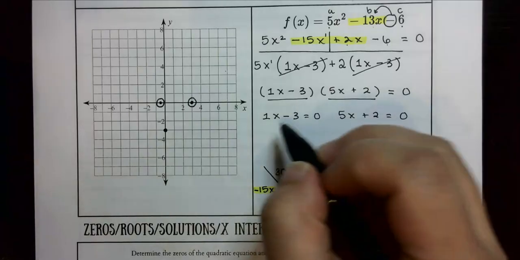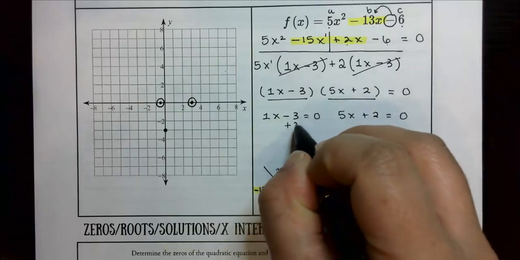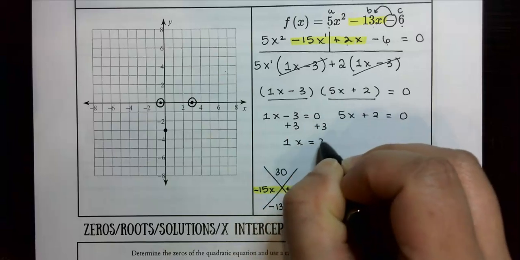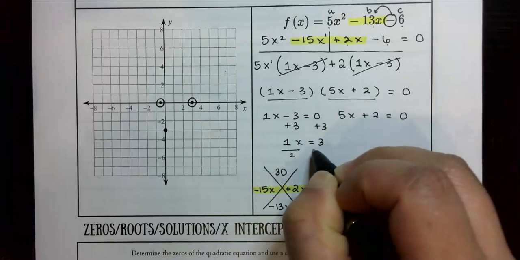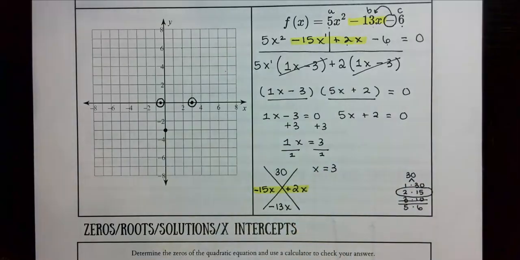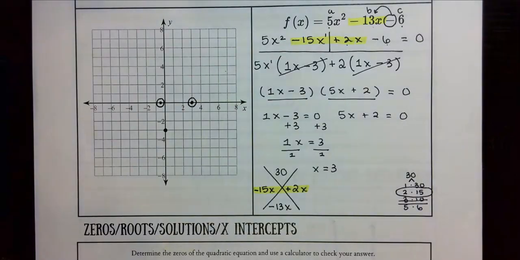So we do this the same way we've been doing, even if there's a 0 at the end. We're going to add 3. So we get 1x is equal to 3. And if you divide by 1, everything stays the same. And so the answer is x is equal to 3. Notice that we do have an x-intercept at 3, a positive 3, so it matches.